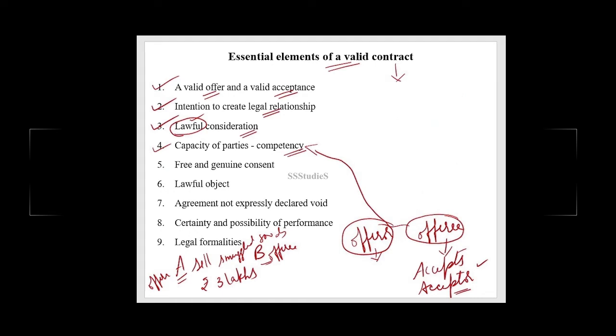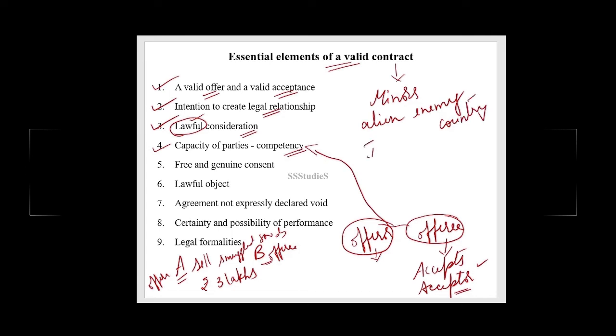So the parties who do not have the competency to enter into contracts are minors. So if one of the parties is a minor, that means to say there is no valid contract because one of the parties lacks competency to enter into contract. Likewise, in case a person is an alien enemy, a national of an enemy country, in that case also he does not have the capacity to enter into contracts.